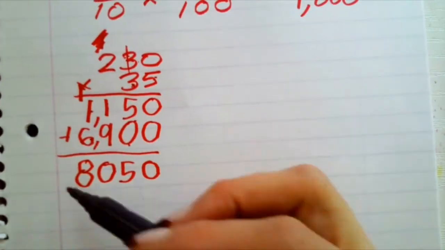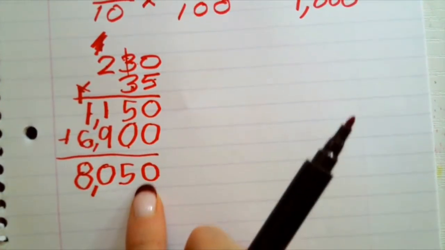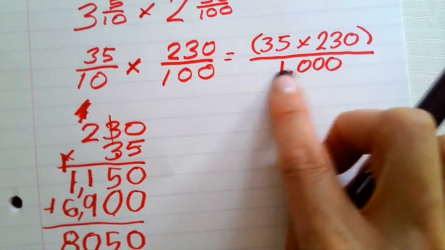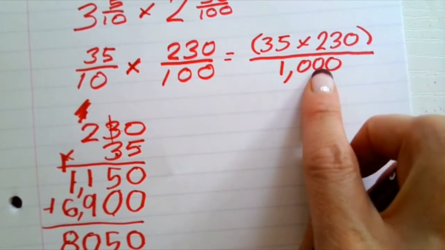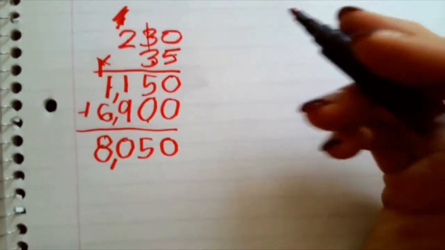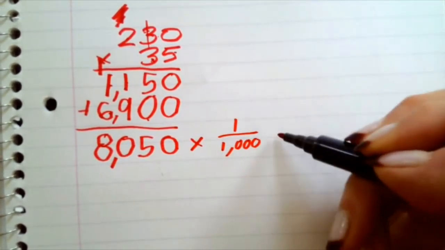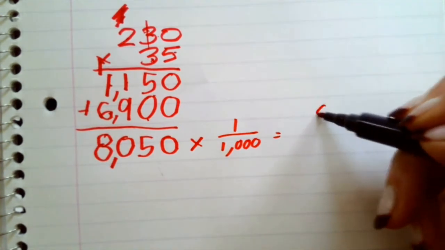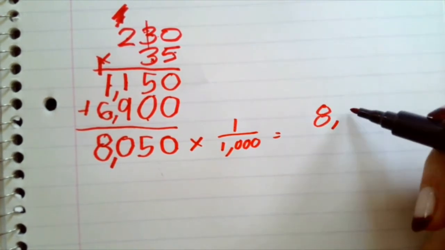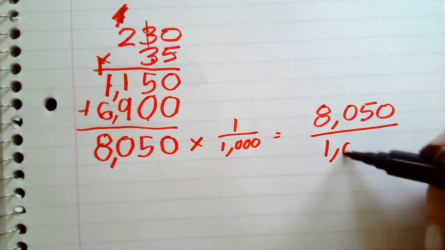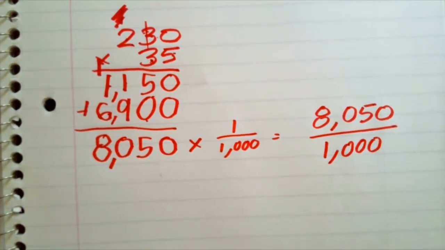I get 8,050. Remember that this amount is this up here, and it's being multiplied by 1/1000th, or divided by 1,000. If we multiply this by 1/1000, we get 8,050 thousandths.